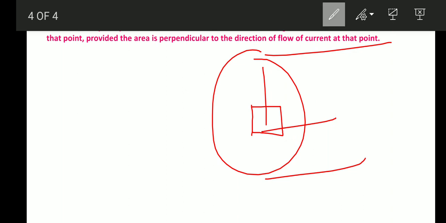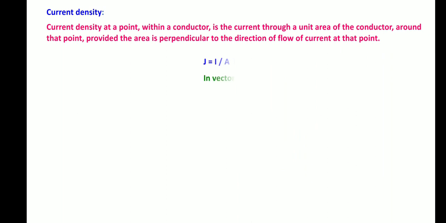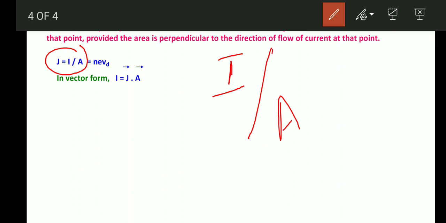The current density is denoted by the symbol J, which is equal to I by A. From this also we can define the current density. Current density is the ratio of current flowing through a unit area, that is, current I per unit area.